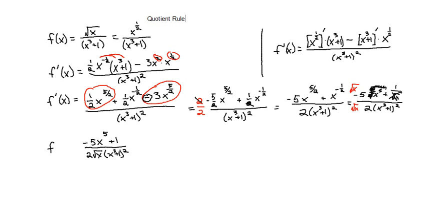And that is our derivative, f prime of x, which you might rewrite one more time as 1 minus 5x to the 5th over the same denominator, 2 square root of x times x to the third plus 1 squared.